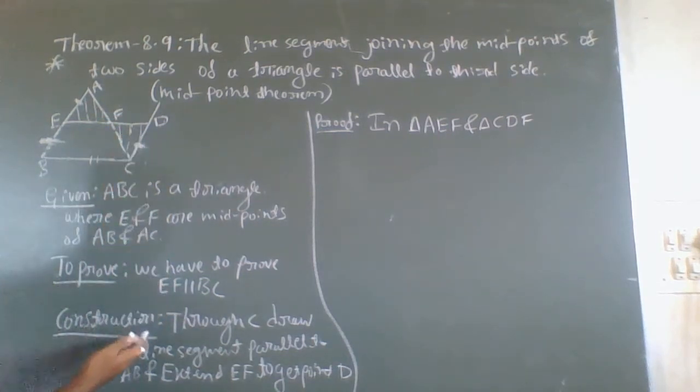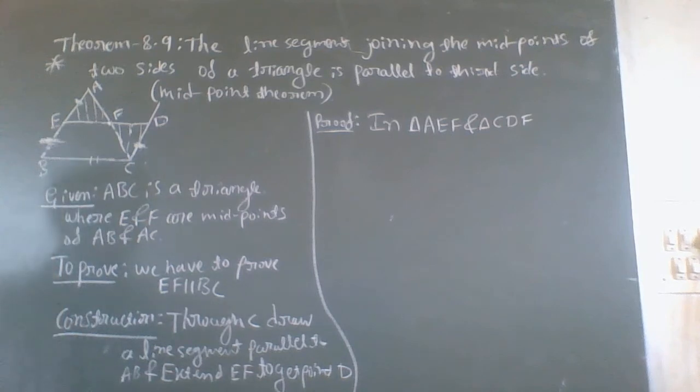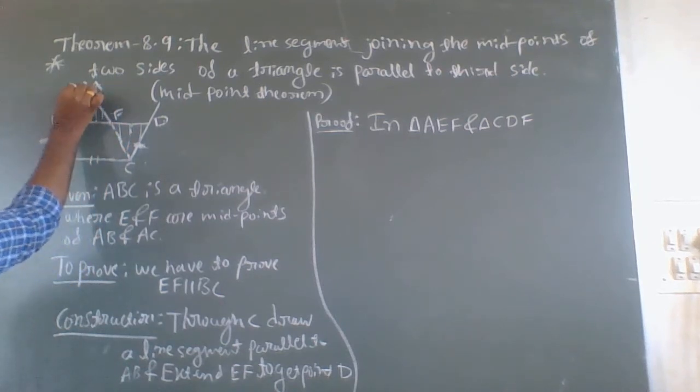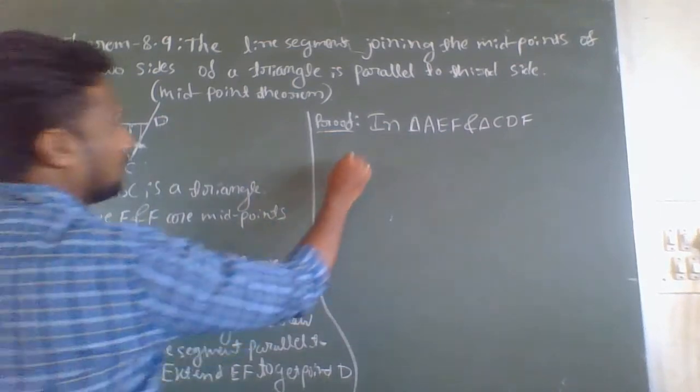In the question only they have given, and here we have written E and F are midpoints. Therefore, this F is the midpoint. So now we can write AF is equal to FC. Here, this F is the midpoint of AC. Therefore, AF is equal to FC.